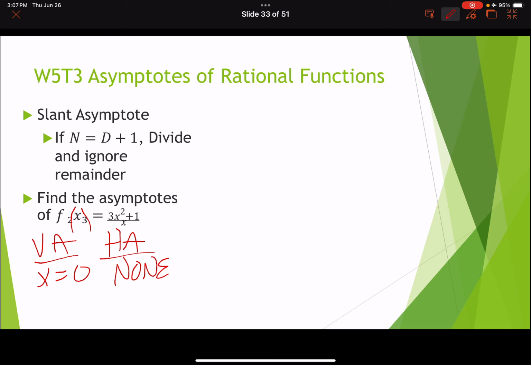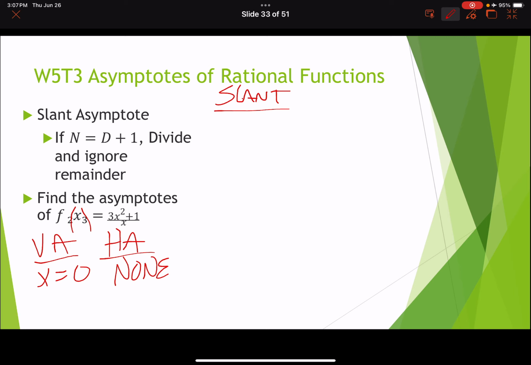Now we have to find slant asymptotes. When we're doing the slant ones, we're going to do our division. We're going to take 3x squared plus 1 and divide it by x.